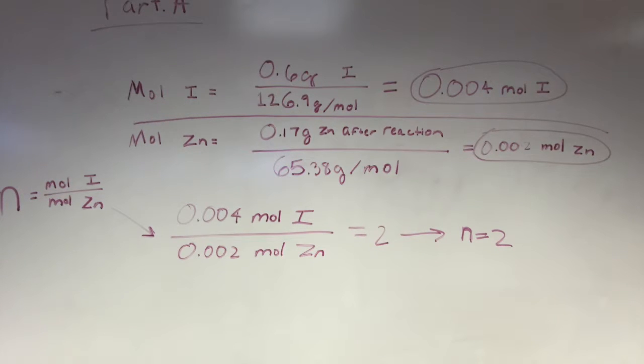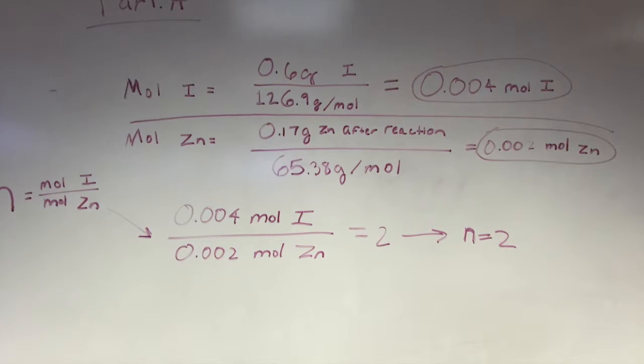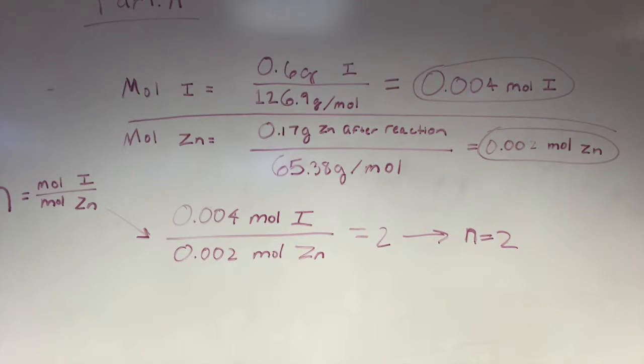Then we subtracted the zinc that was remaining from the initial zinc, which was 1.1 grams, and we got the result of 0.17 grams of zinc that reacted.